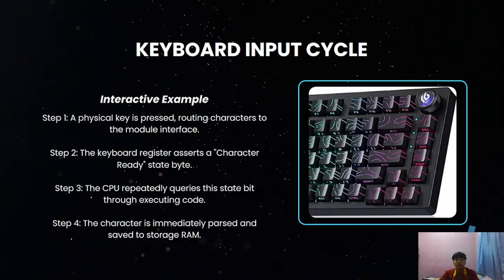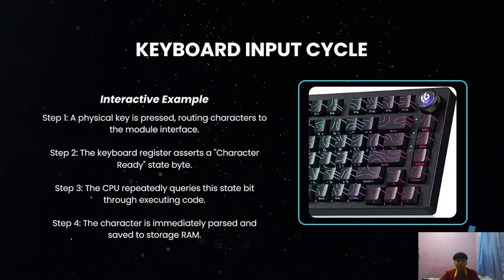Next, the keyboard input cycle. A simple example of programmed I/O is keyboard input. When a user presses a key, the keyboard sends a signal to the I/O module. The module sets a status flag indicating that data is available.